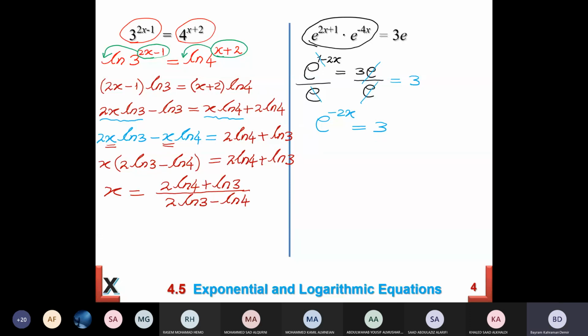Guys, are you sure you understood this one? Yes. Okay. Now, if e to the power of negative 2x equals 3, then negative 2x equals? ln of 3. Yes. So the solution is x equals negative 1 over 2 times ln of 3.